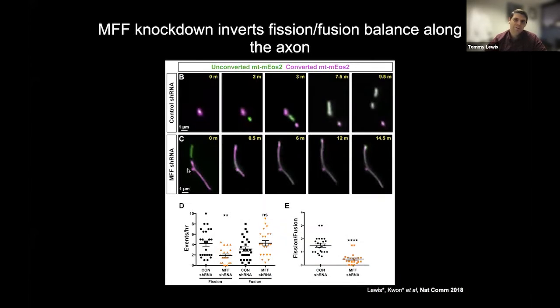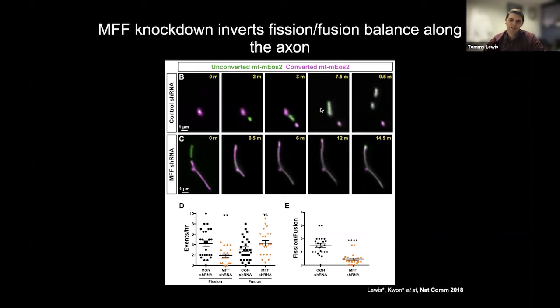And so we did this in both the control axons and the MFF knockdown axons. And as you can see, there's a clear reduction in the number of fission events that occur along axons where MFF has been knocked down. But what I think the data really ended up showing us, and was kind of interesting for us, is that in a control axon, there are actually quite a number of fusion events occurring.